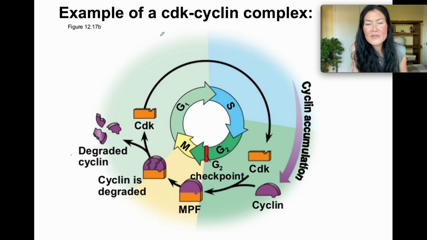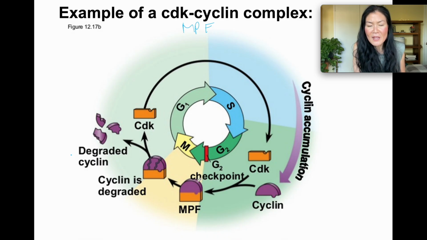Here's an example of a CDK-cyclin complex. In this example, the complex is what we call the MPF complex, or go-ahead signal. MPF stands for mitosis promoting factor. So it is what it sounds like: the go-ahead signal at the G2 to M checkpoint, so it promotes mitosis.